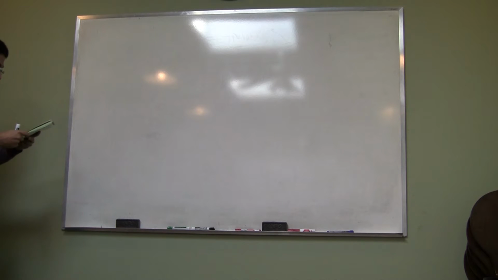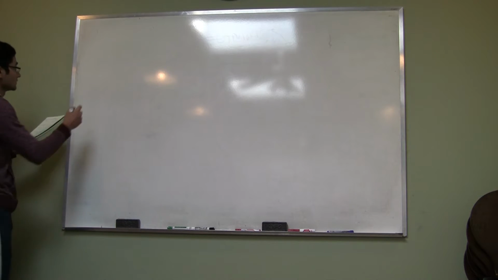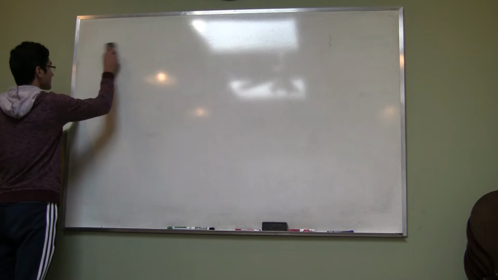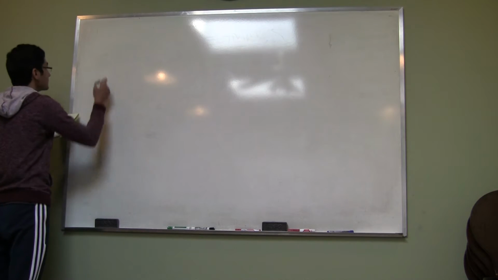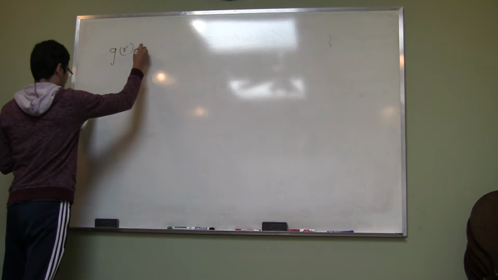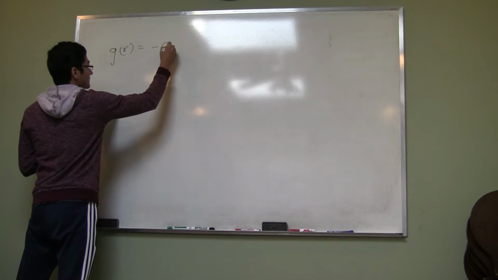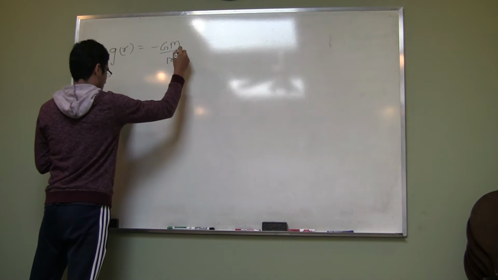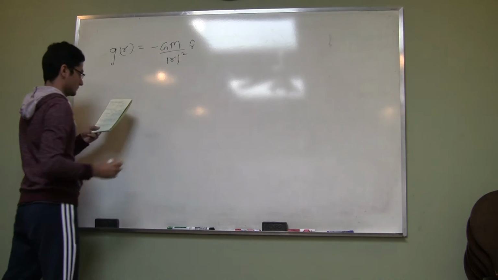Then the divergence of the gravitational field. First of all, the gravitational field at any point r is minus G m by r squared in the direction of r.